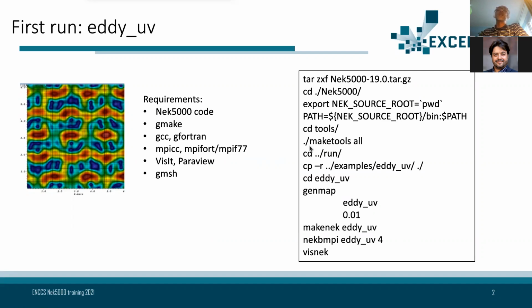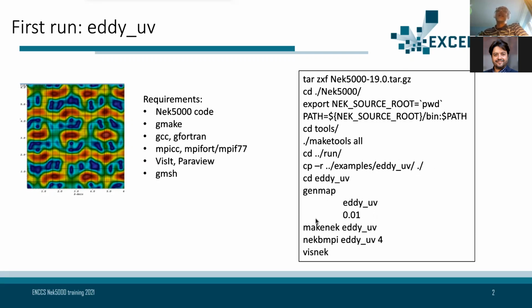In our case, we didn't compile all of them. We just compiled the setup which was most important for us today, which means GenMap, GenBox, and Gmesh to RIA. So one tool for generating simple box meshes, one tool for producing the connectivity and partitioning information, and one converter.